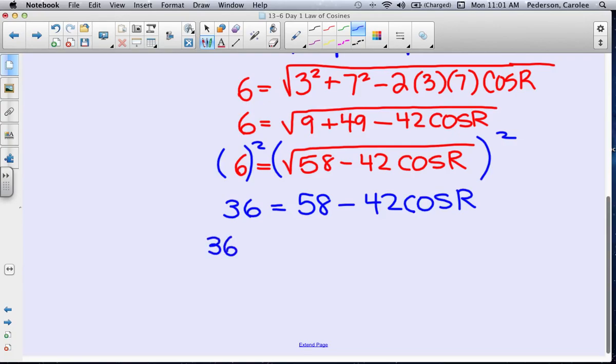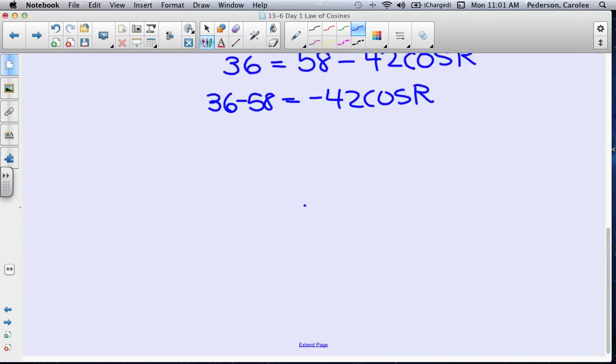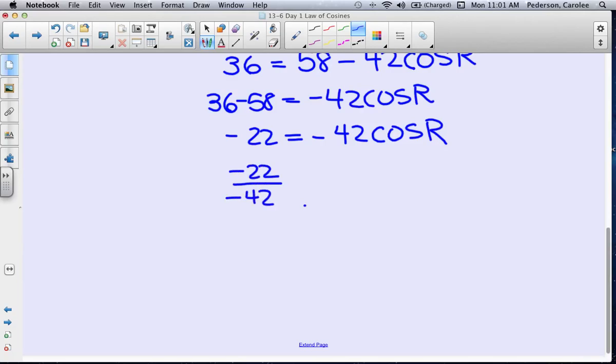So we'll subtract 58 from both sides. So then 36 minus 58 is negative 22. And then the right side is still the same. Now we want to divide both sides by negative 42. So negative 22 divided by negative 42 equals the cosine of R.